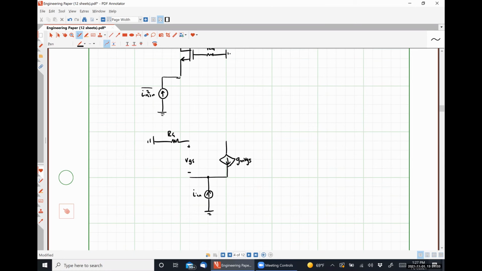This is GM VGS. And here's our output voltage. And here's RD. So I would argue that by inspection here, we can see that V out is simply equal to IN times RD. Anybody have a problem with that?